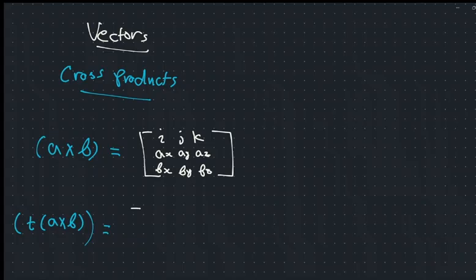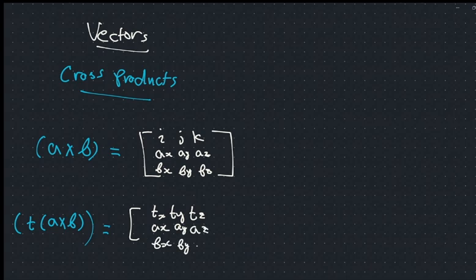It's not really hard. It's going to be TX, TY, TZ, AX, AY, AZ, and then BX, BY, BZ. And the solution is just the determinant of this.